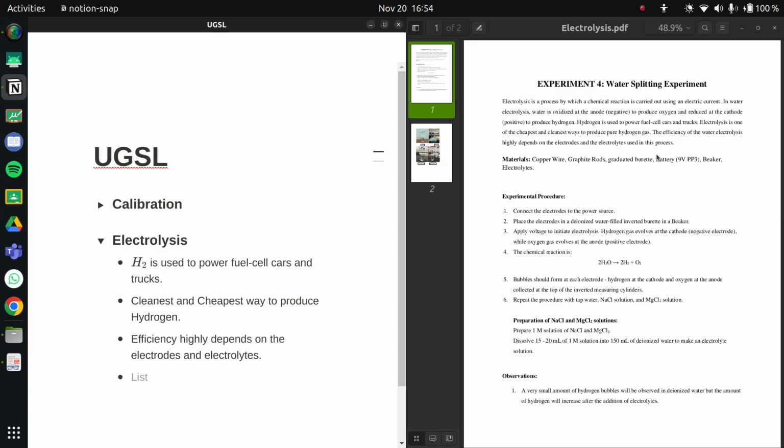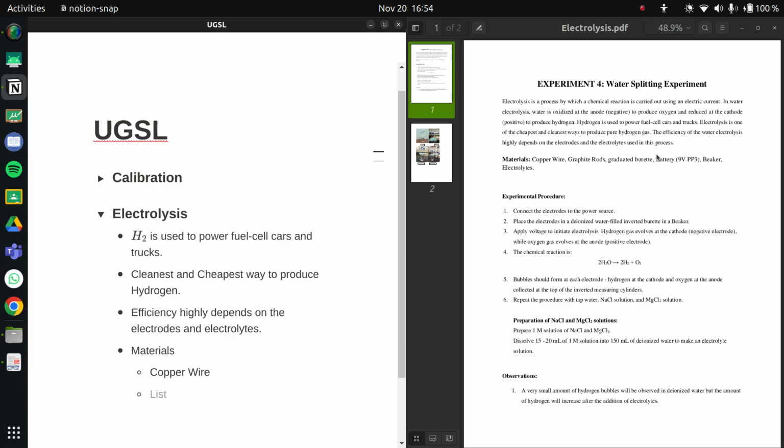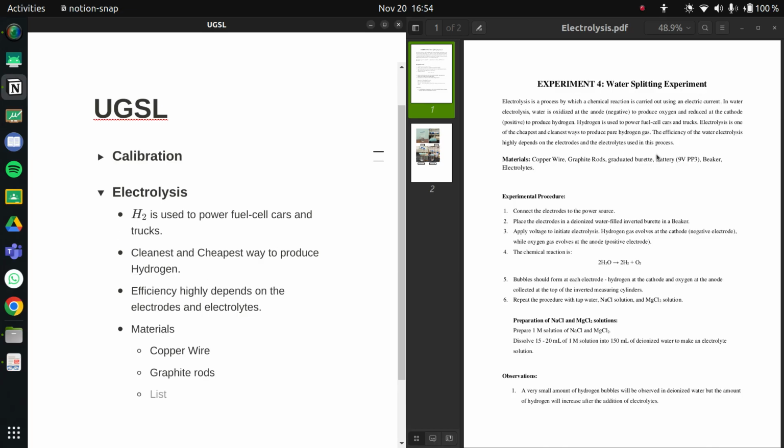Okay, so the materials that you require. First is a copper wire. Next you have graphite rods. So these are our electrodes. Why graphite? I hear you say, because it's more or less inert. It's pretty hard to make some new chemical compound involving carbon when you have electrolysis going on.